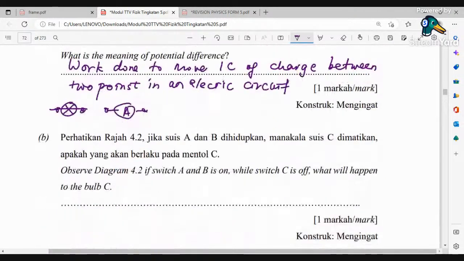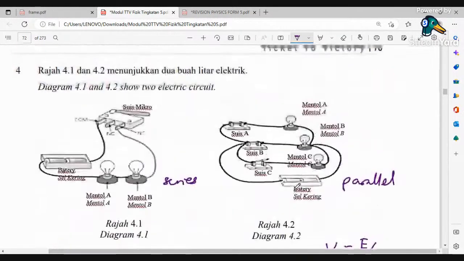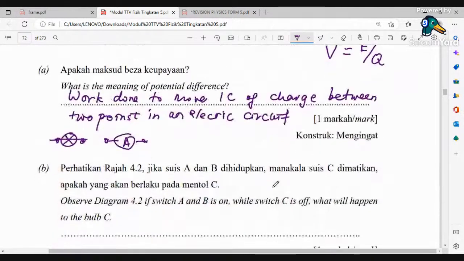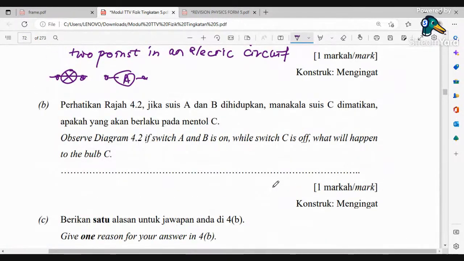Okay, B. Observe diagram is switch A and B on while switch at C off. What will happen to bulb C? Kalau you off-kan dia, saya rasa ni soalan ni off ke apa?